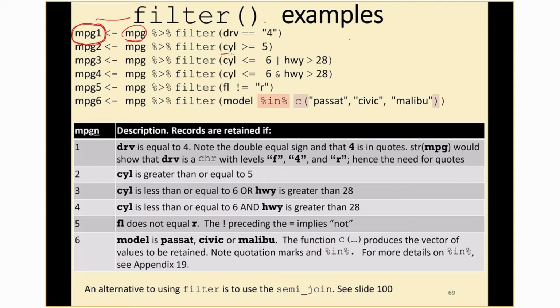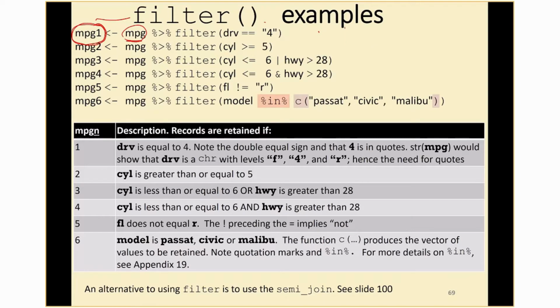So we want MPG2 to have all the records of MPG1 for which the value of cylinder is greater or equal to 5. Note that there are no quotation marks around the 5, and that's because cylinder is one of these guys.